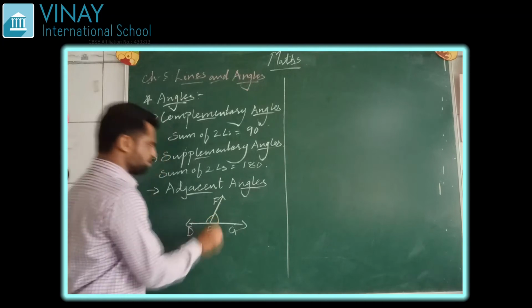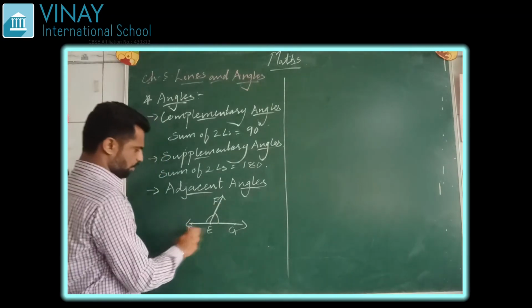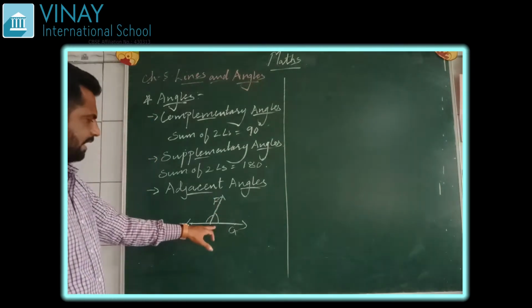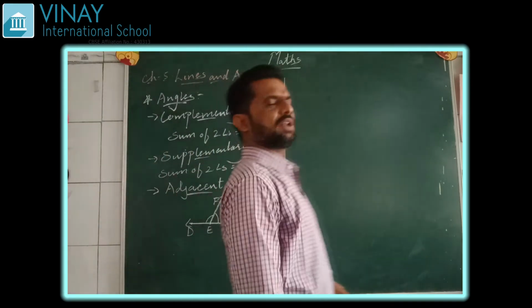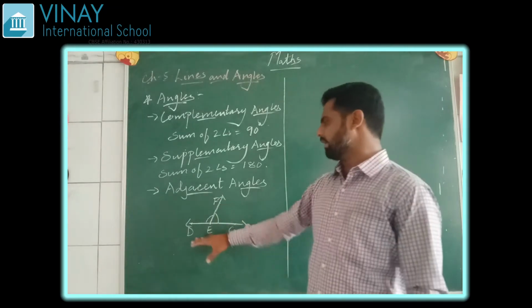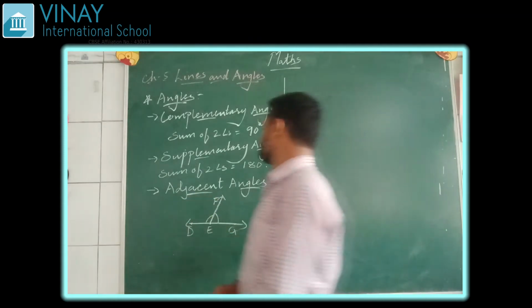Both the angles have one common arm and one common vertex, one common arm, that is EF, and one common vertex, that is E. Here, if two angles are sharing one common arm and one common vertex, they both are known as adjacent angles.